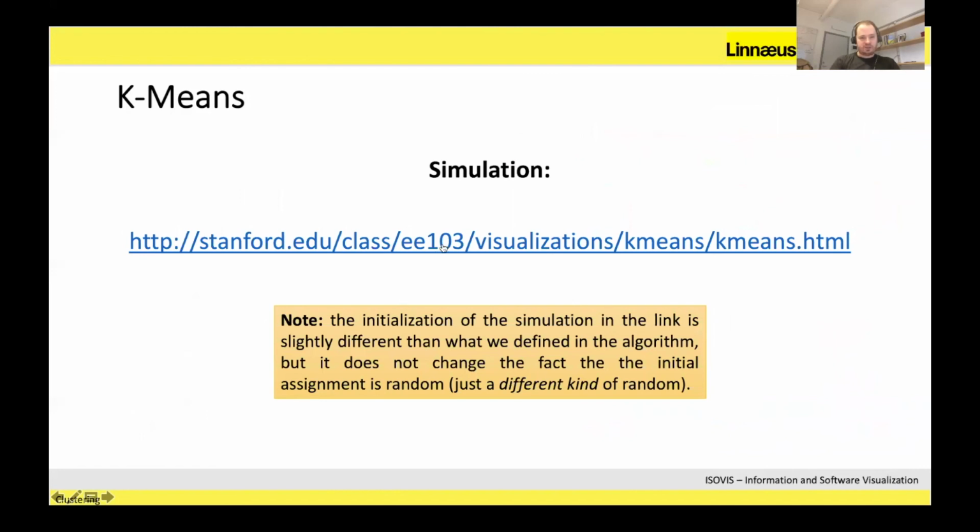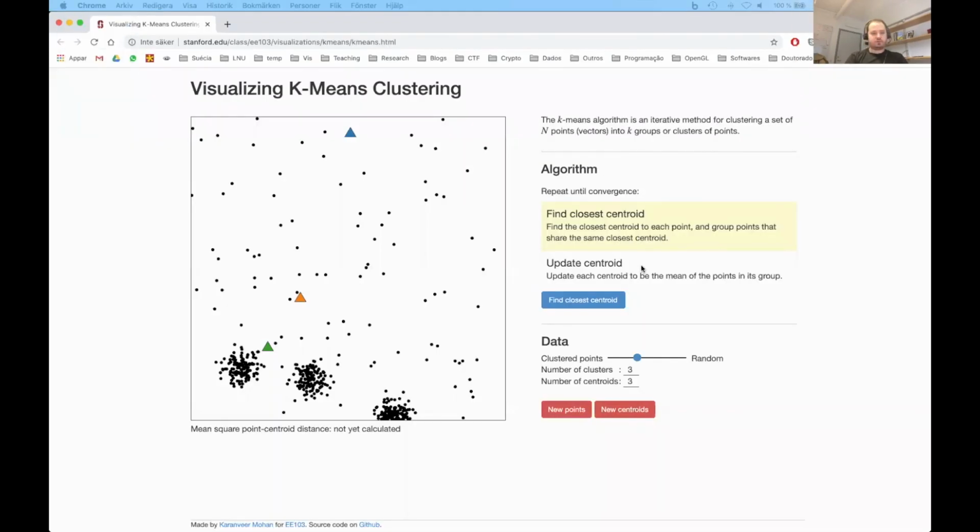There's a simulation here that's very interesting, and I'm not sure if you're going to see it now, but I will change the sharing of the screen to see if you can actually see it. Desktop number 2, yeah. Can you guys just quickly let me know if you're seeing this web browser visualizing K-means clustering?